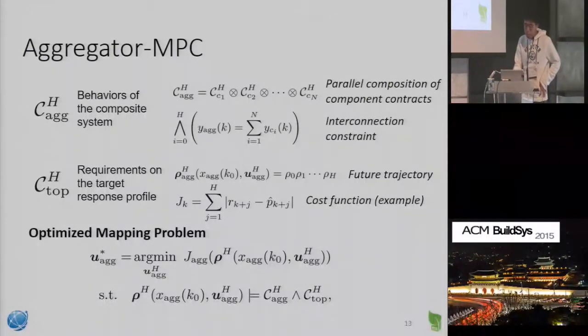And here we also specify the cost function. This is an example of the cost function, and we can also take other factors into consideration. The rho h shown here means the predicted future trajectory. And our goal is to use an optimization problem to find the best control action that can minimize the cost function.